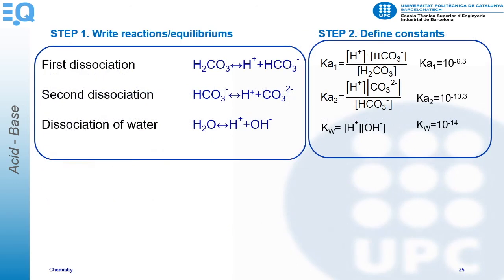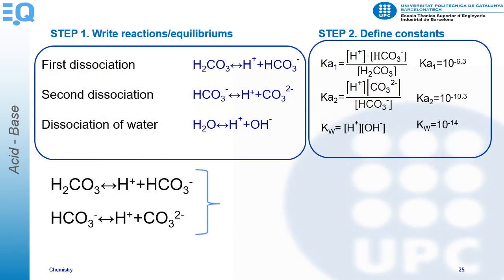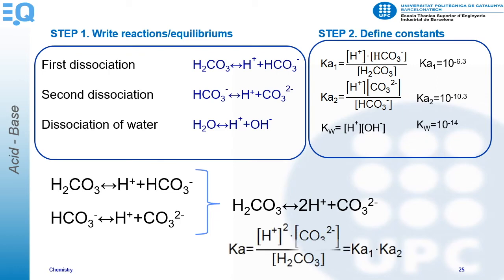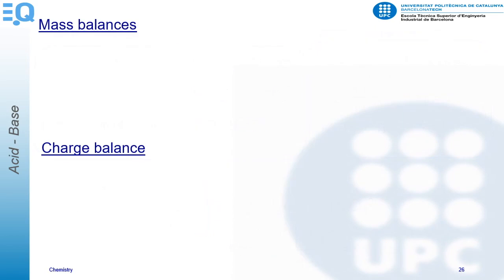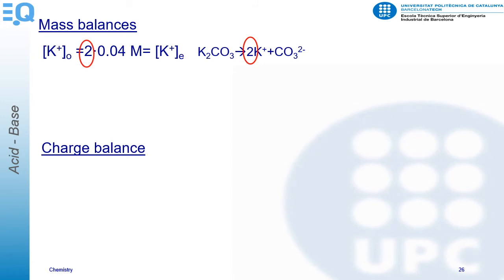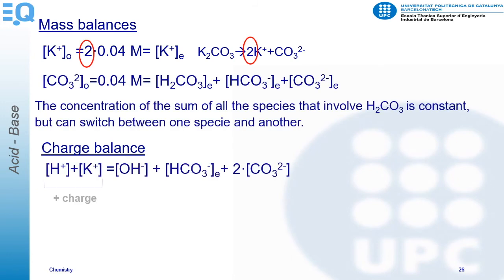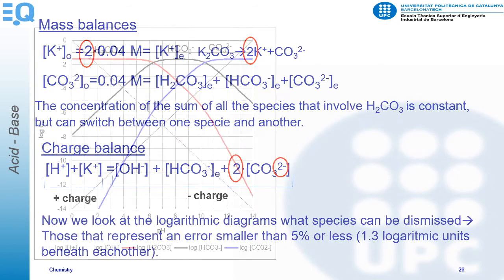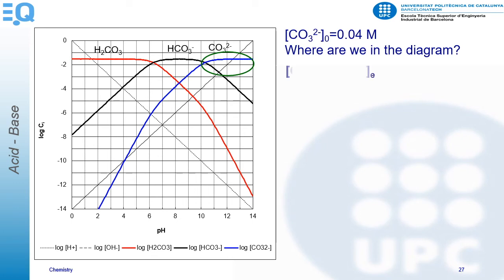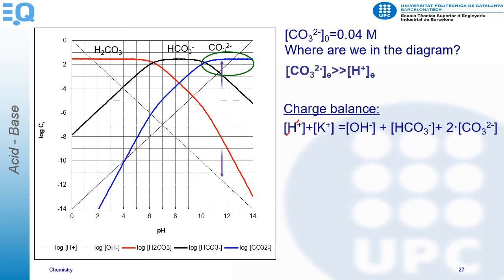We have 2 mass balances, the potassium cation and the carbonate one. We can also see the charge balance. What can we disregard? The first thing is to know in what part of the diagram we find ourselves. We started from carbonate, so we are on the right side, which is marked with green. At this point, the carbonate concentration is greater than H+, so we can disregard it.